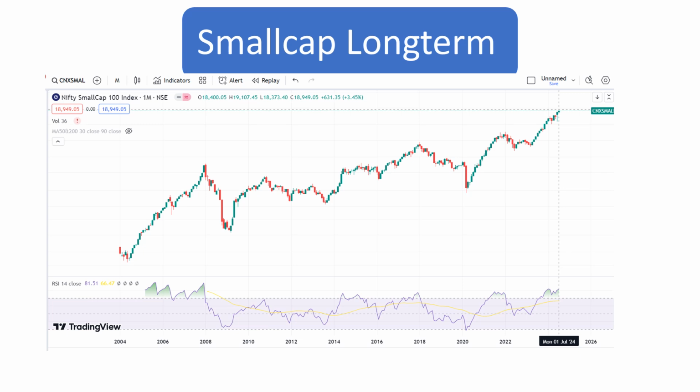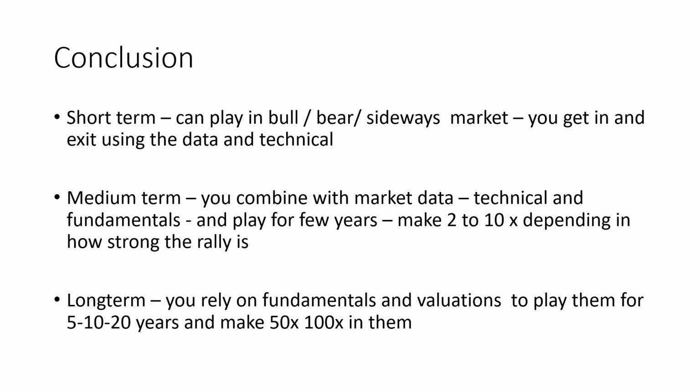So in conclusion, short term, you can play it either in a bull, bear, or a sideways market. So you get in using the data and technicals, and you get out once the technicals become weak and it shows distribution. Medium term, you combine it with the market data, that is the market cycle, and technicals and fundamentals both play a decent part here.